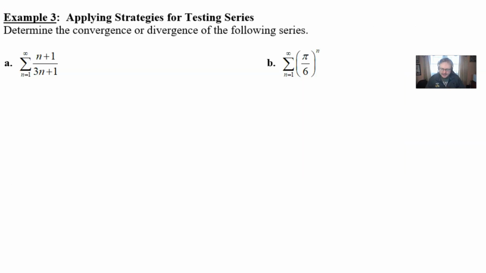So let's go ahead and take a look at our first few examples here. Determining the convergence and divergence. We're looking at A, which is the summation as n goes from 1 to infinity of n plus 1 over 3n plus 1. Well, remember, we group that first group of tests in a clump. And I know that this is not a P series. I know that this is not a geometric series.